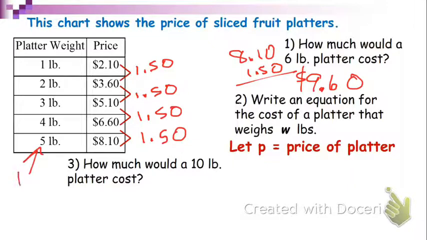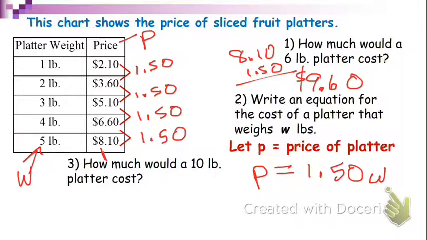So this is our W, and then this is our cost, our price. If P is the price of the platter and the weight is W, that means the price is going to be $1.50 times whatever our pounds are.